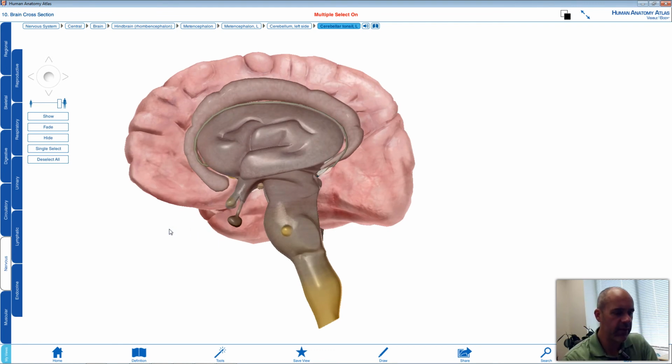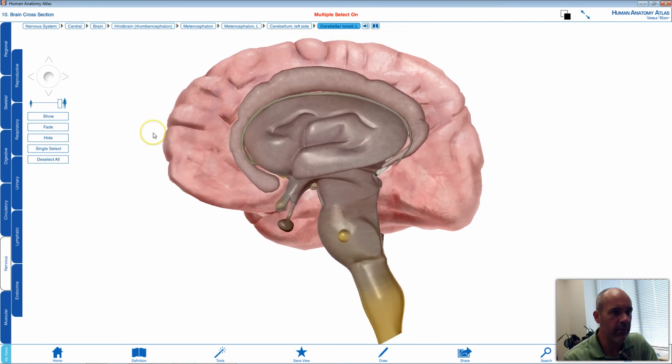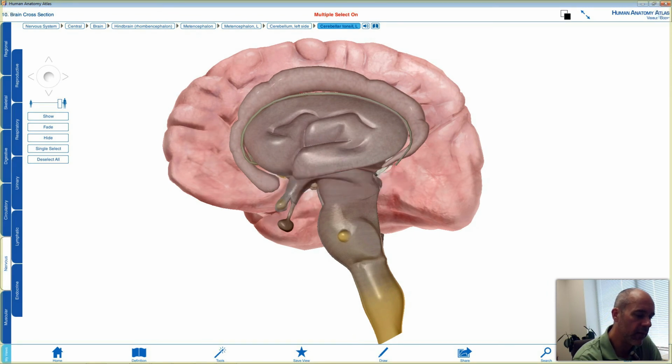So we're looking at this from a side view, and let me highlight some things for you. We're going to go with how your textbook designates the borders between the different parts of the brain. We said earlier that up in here is part of the diencephalon. You have the thalamus, an egg-shaped structure on the left and the right, deep down inside here. And everything from here on down represents part of the brainstem.